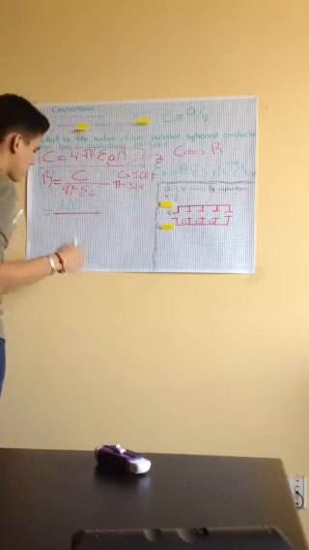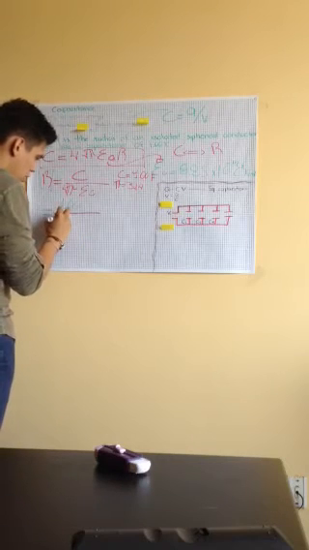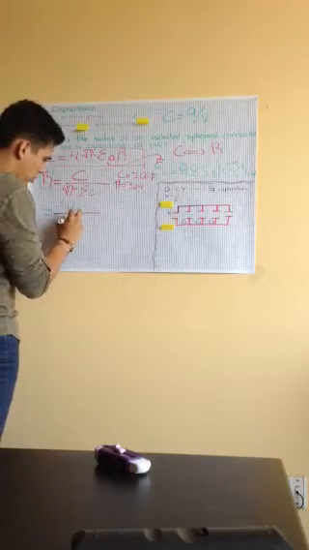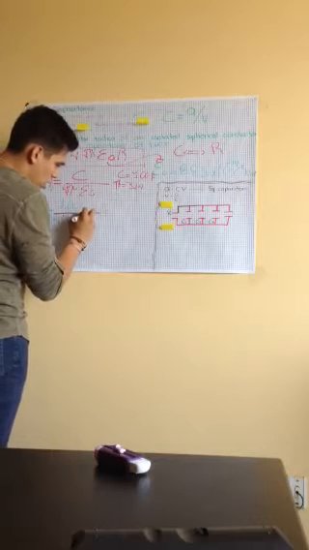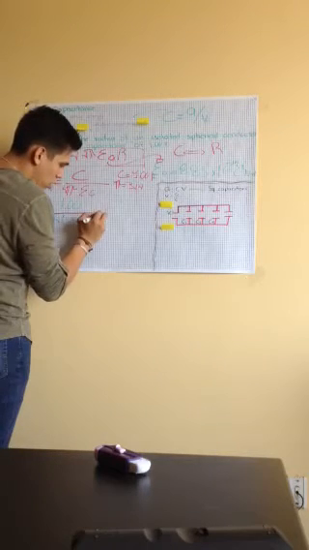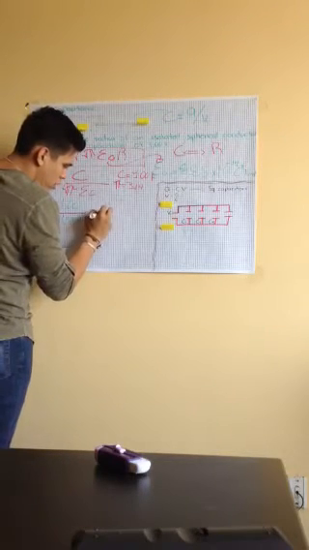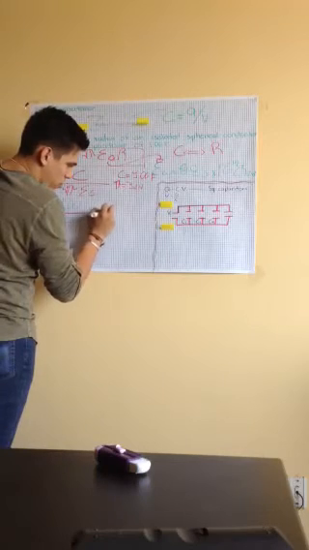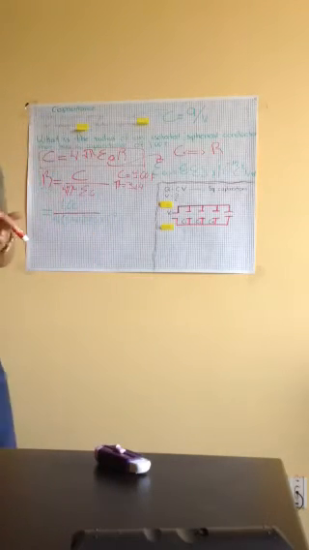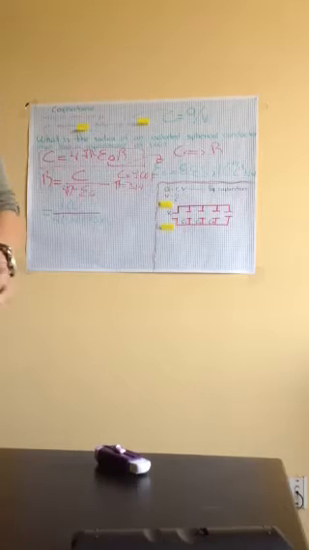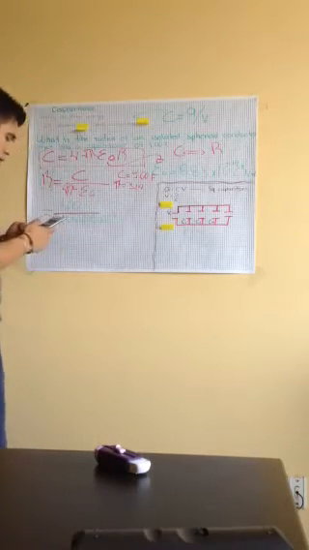This is going to be divided by 4, 3.14, 8.85 times 10 to the minus 12. Okay?